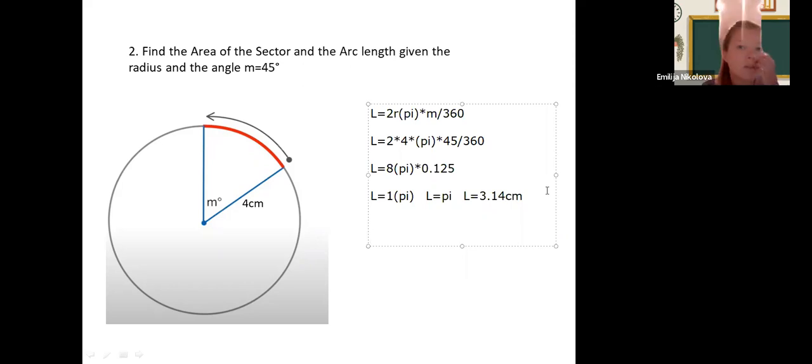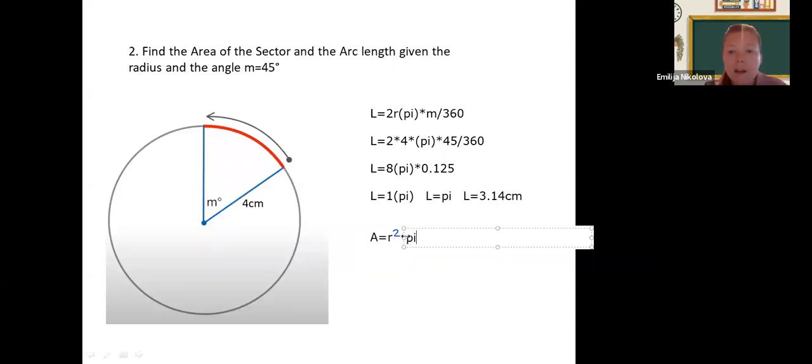Now we can find the area of the sector by using again the formula that we mentioned before. So first we had the formula of the area of the circle, which was r squared times pi.